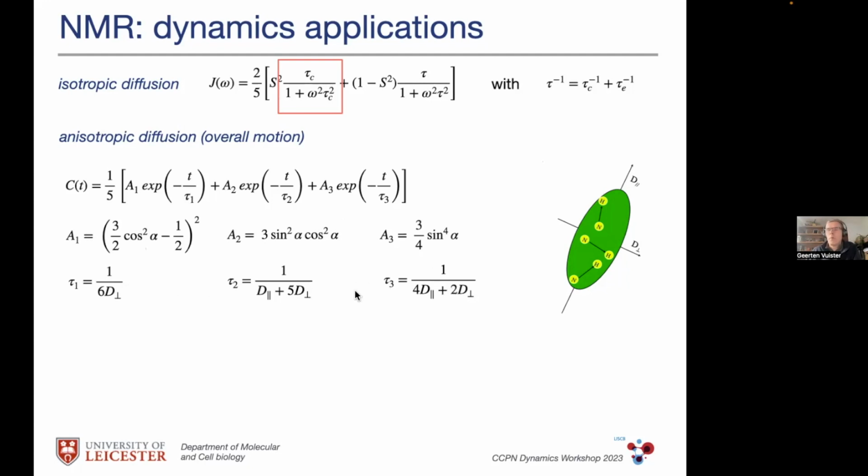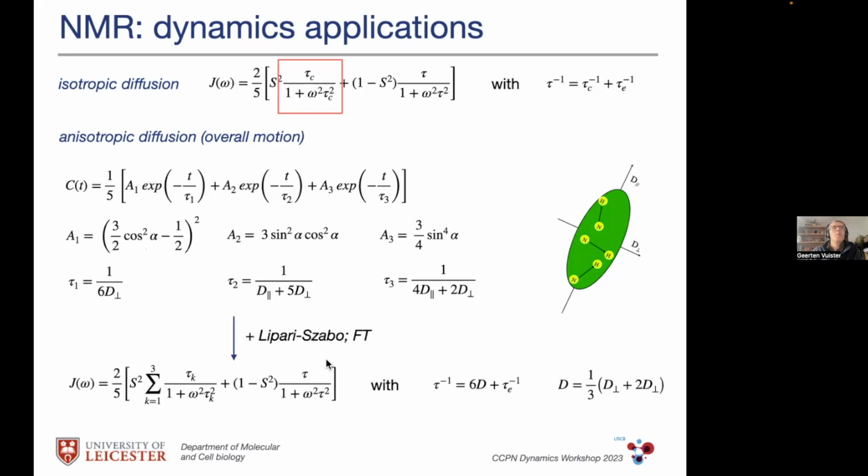So there are a few more parameters that you need to fit. But the ultimate equation looks very similar, except that the overall motion is now this sum over these three orientations over here. But we still have the local term here with 1 minus S squared. So it's a more complicated model with a few more parameters to fit, but not fundamentally different because it's still an overall motion and a local motion type idea.